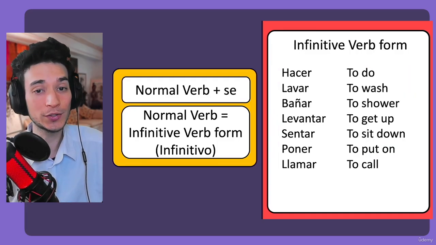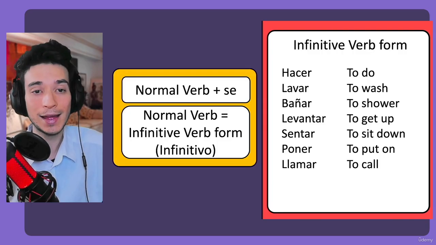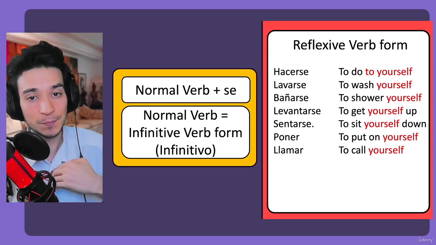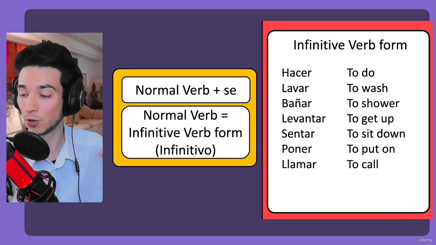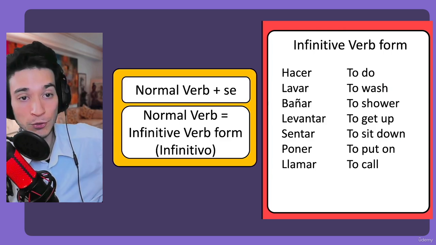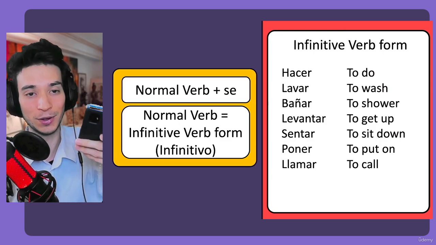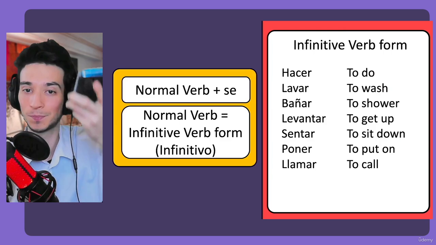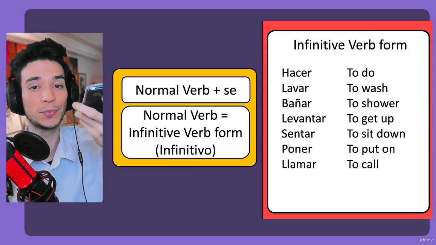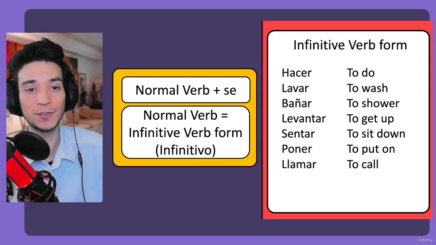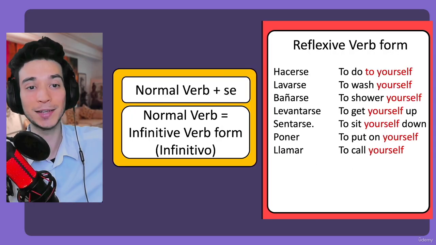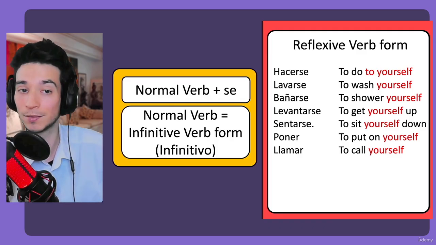Another example would be levantar, which means to get up, and levantarse, to get yourself up. For example, levantar, I would use it with my phone. Levanto el teléfono, I pick up the phone. But if I pick myself up, I get myself up, I would say levantarse.